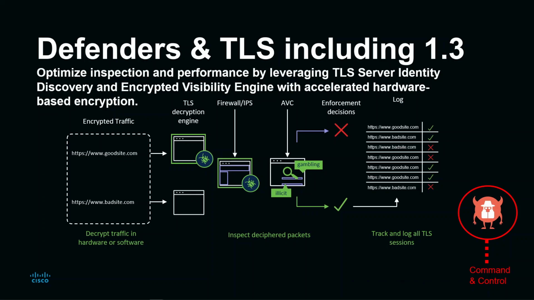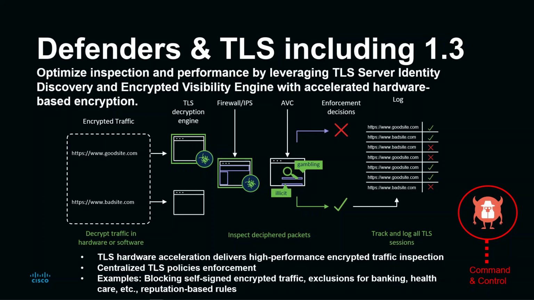Now I'm able to pass that traffic through, run it through that interlink high-speed connection to the crypto accelerator, and perform inspection. The goal here now is you get TLS hardware-based acceleration that's high-performing, and centralized TLS policy for enforcement.